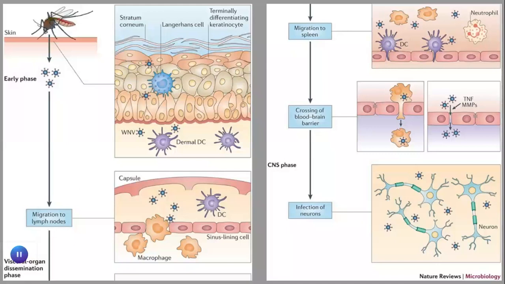Here you can see the picture representation of the pathogenesis, starting with the mosquito, going into the early phase, replicating in the Langerhans cell, then migrating to the lymph nodes, going into the visceral organ dissemination phase, migrating to the spleen, crossing the blood-brain barrier, and then infecting the neurons in the CNS phase, or the central nervous system phase.